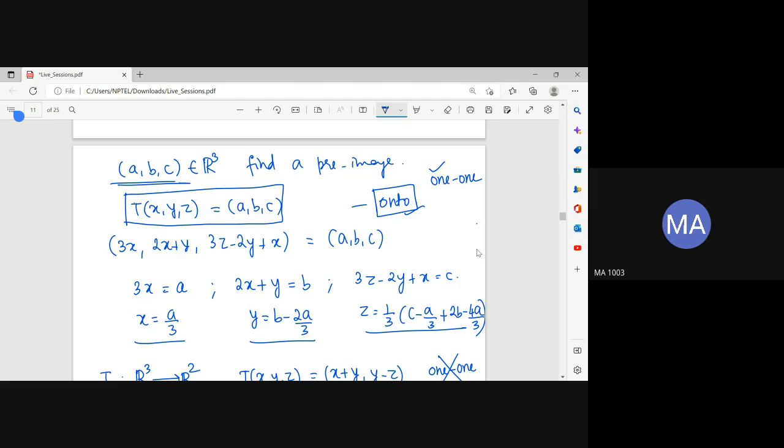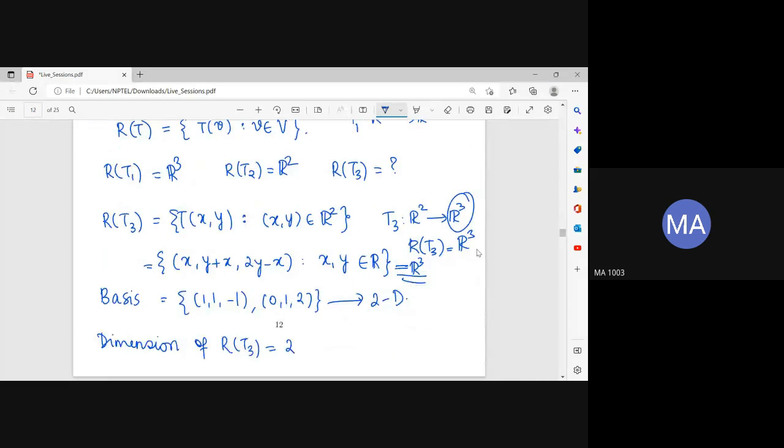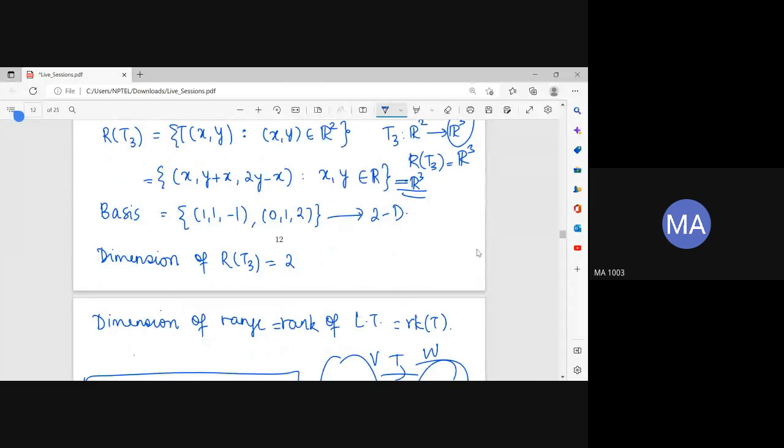No, what is a spanning set? Not spanning set, span. Span of this is R3. What is the span of that? You will have numbers, right? You won't have x comma y comma z and all. Span of 1 comma 1 comma minus 1, 0 comma 1 comma 2.